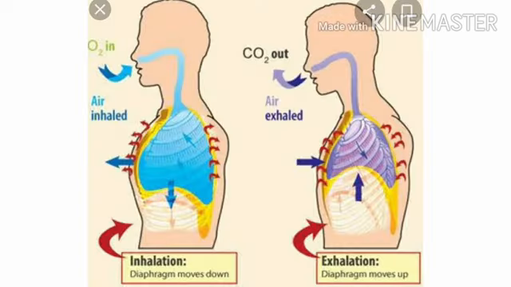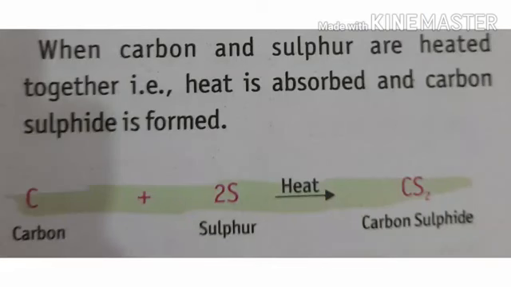Similarly, when we breathe in, the air is cool, and when we breathe out, the air is hot. It is also a chemical change. In the second reaction, when carbon and sulfur are heated together, heat is absorbed and carbon sulfide is formed.